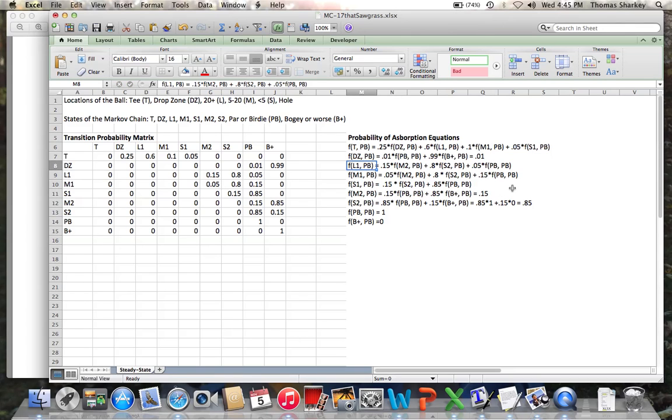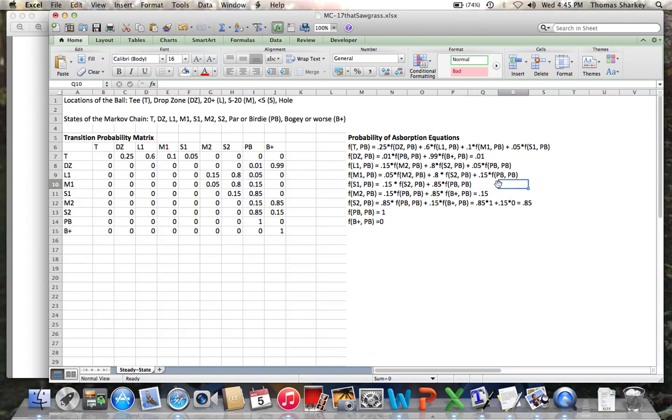So what we can now do is make some substitutions here. If I look at f of S1 comma PB, I need to know f of S2 comma PB. I know that it is equal to 0.85, and I know f of PB comma PB is 1.